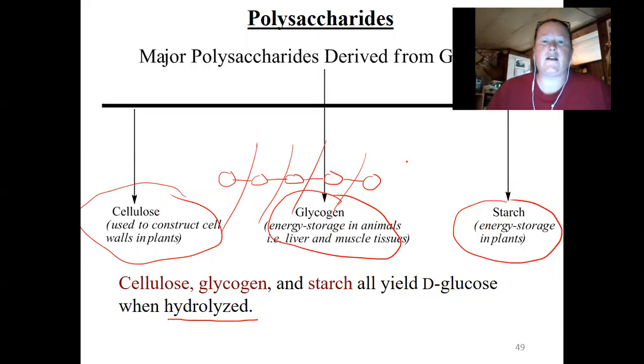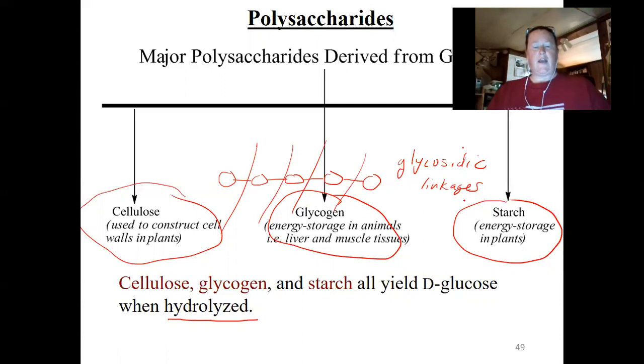Those glycosidic linkages are different. So I'm going to write that word down. Again, it is one that you have seen a lot in the presentations that I've been giving on carbohydrates. So glycosidic linkages are all different for each of these types of polysaccharides.